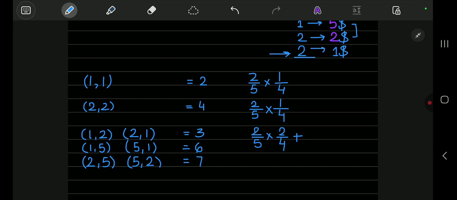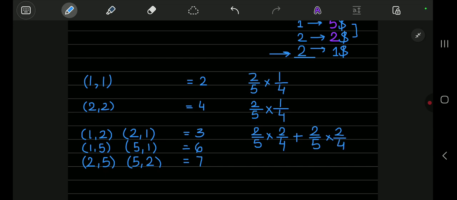Plus, if you get the first $2 coin, then it would be 2 out of 5, and if you are doing the second $1 coin, then it would be 2 out of 4.